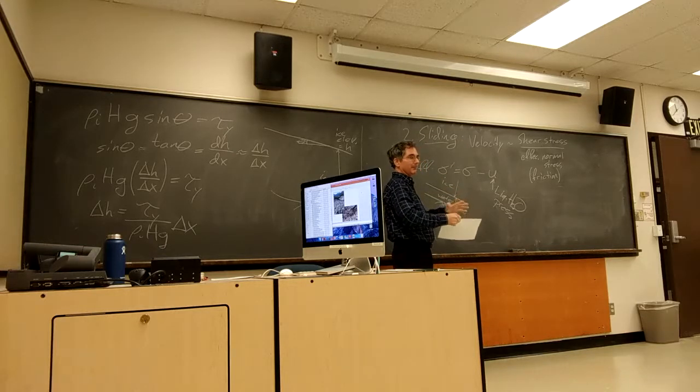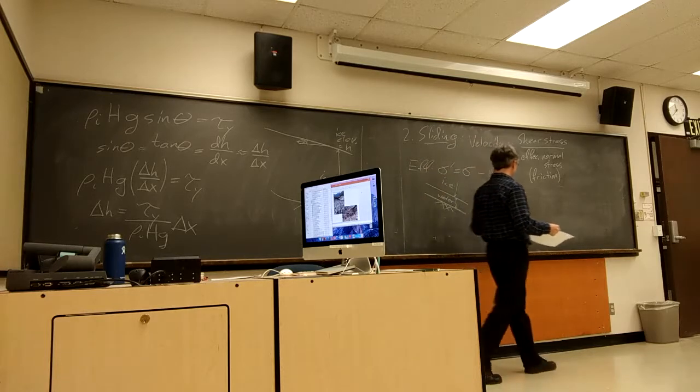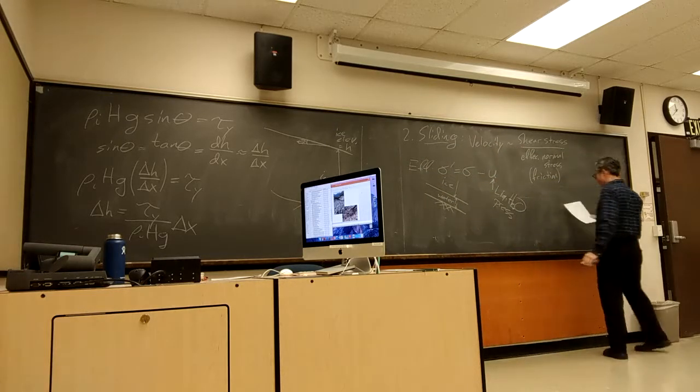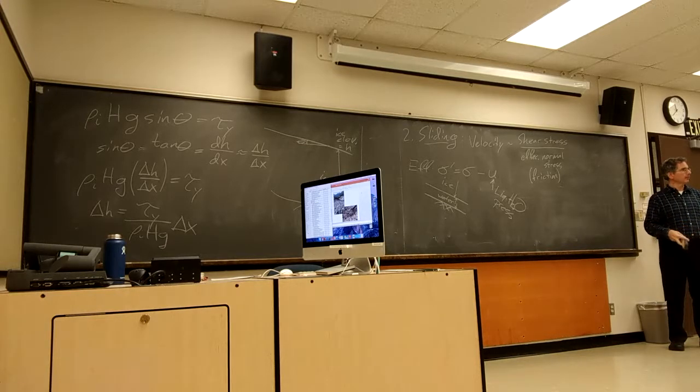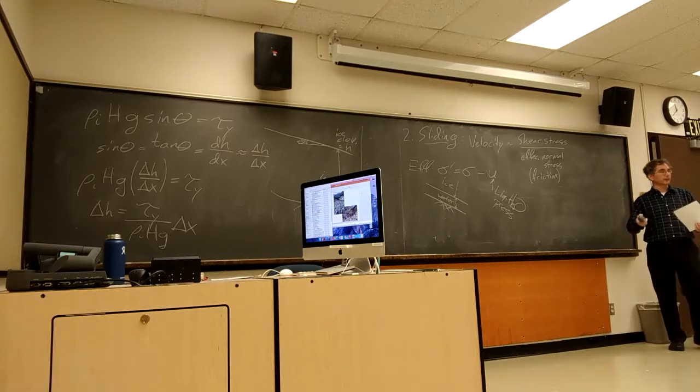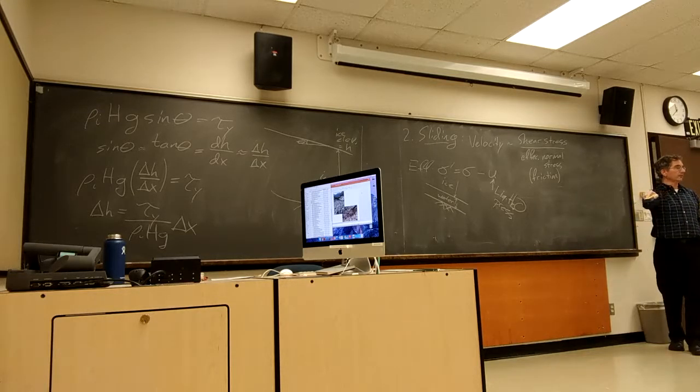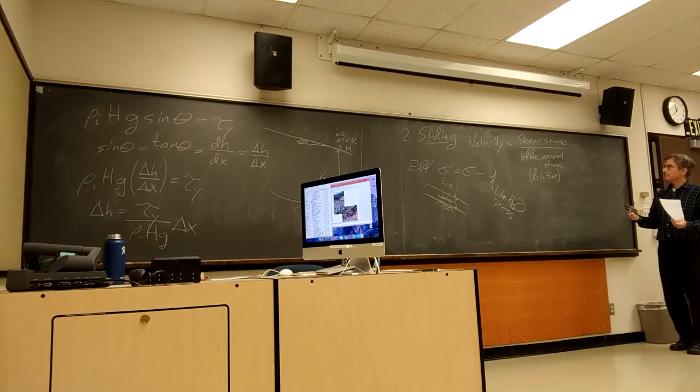We're not going to go through trying to calculate that, but that's what is going on. We have to build up enough liquid water pressure to make the effective friction small enough that the ice can glide.